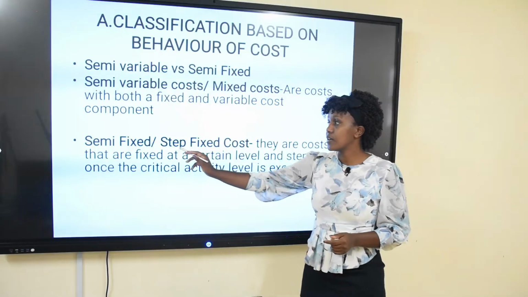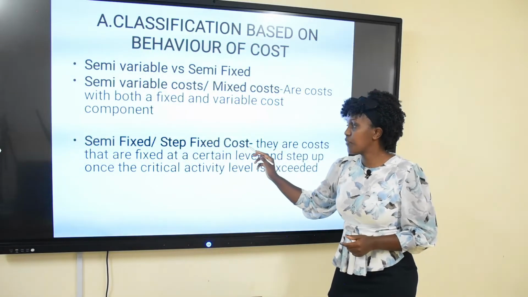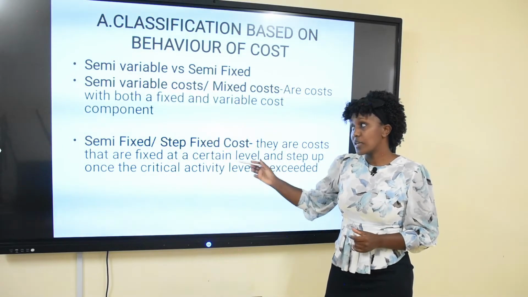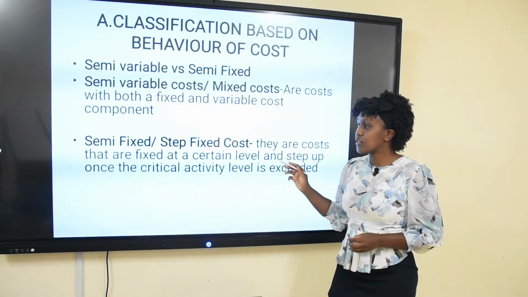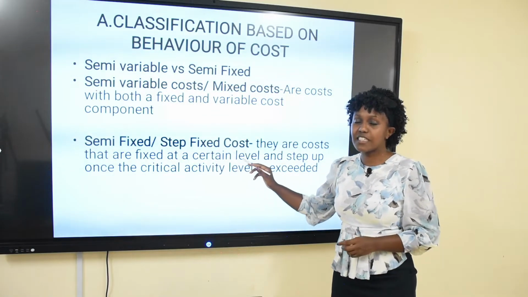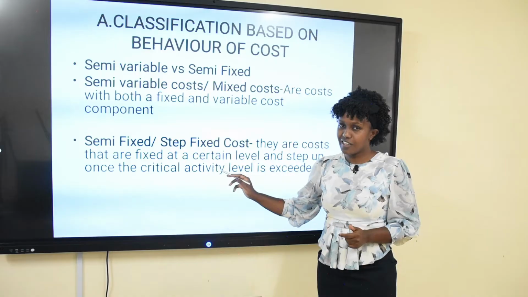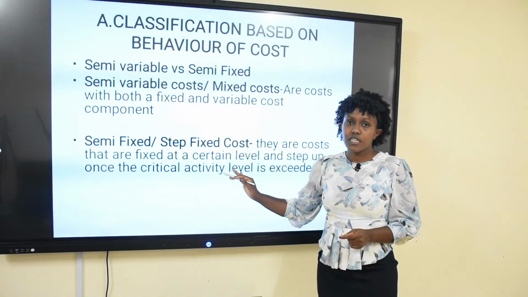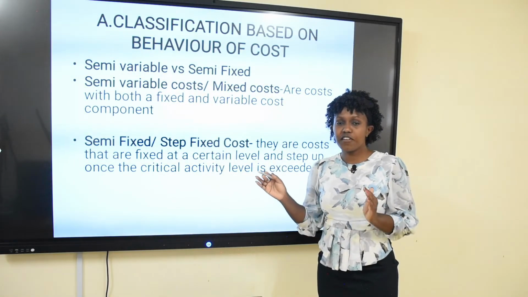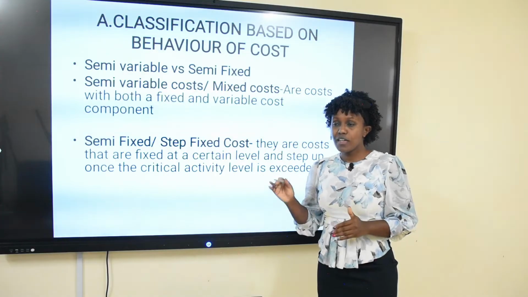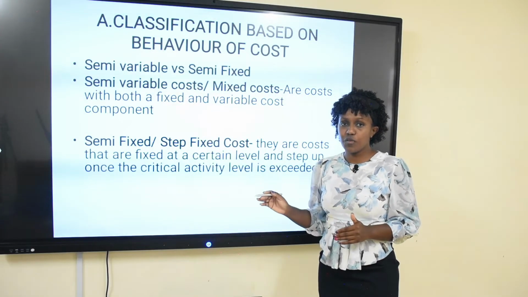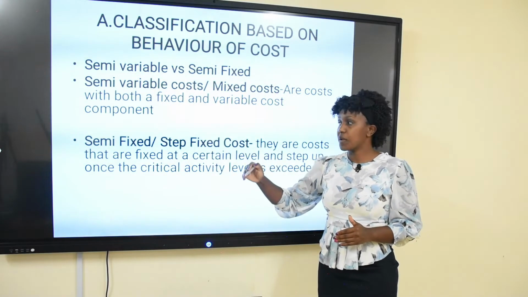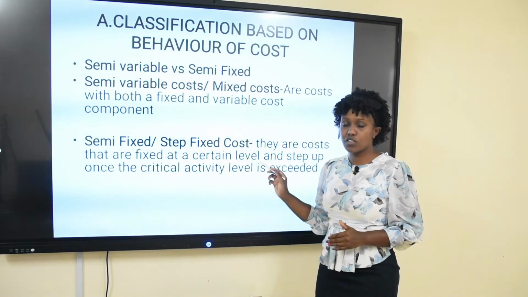Again, you can have semi-fixed or step-fixed costs. This is a cost that, first, we have to note, is a fixed cost. The fixed cost remains constant within a range of activities. Once you exceed a certain critical level, the cost steps up to another level. That is why it is called step fixed cost.